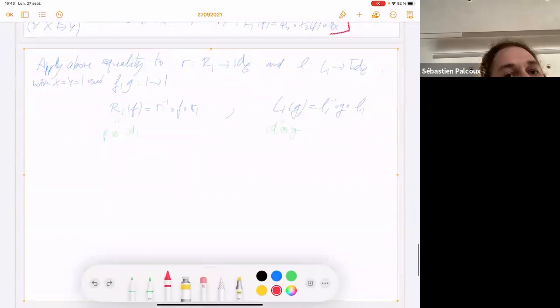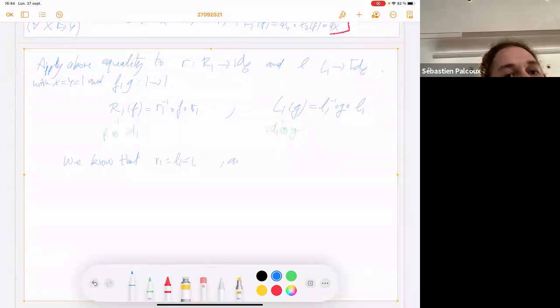Okay, so now you compose. We know that R1 equal L1 equal iota.